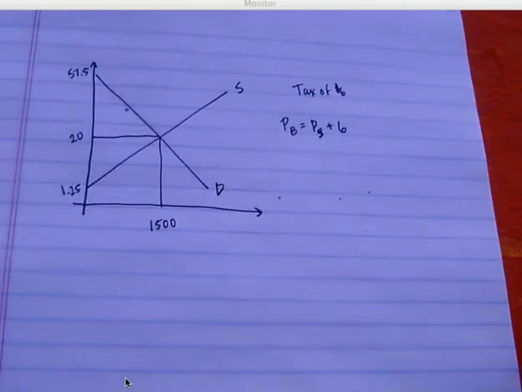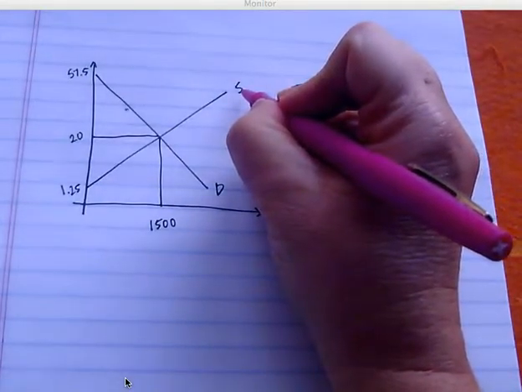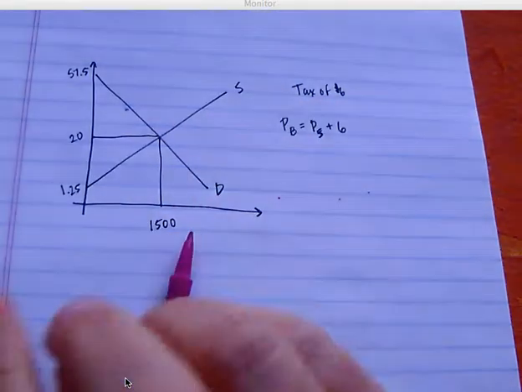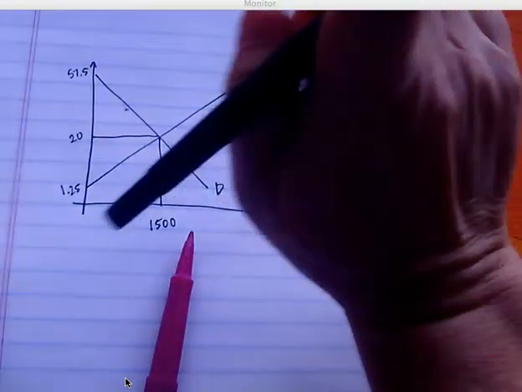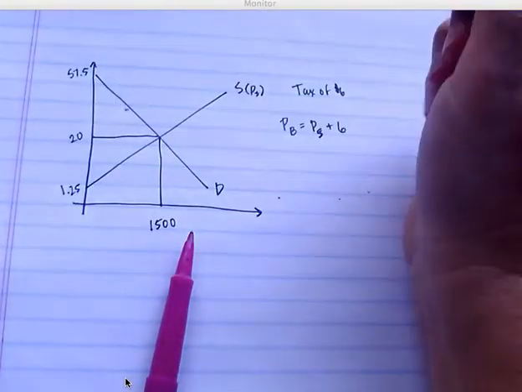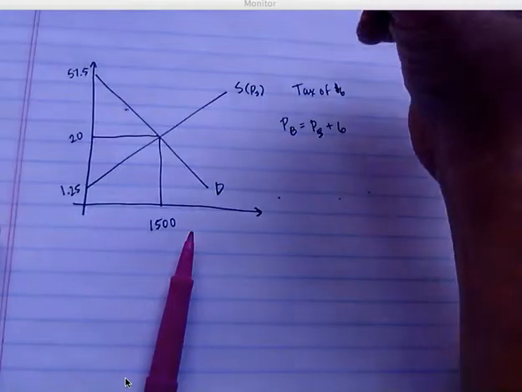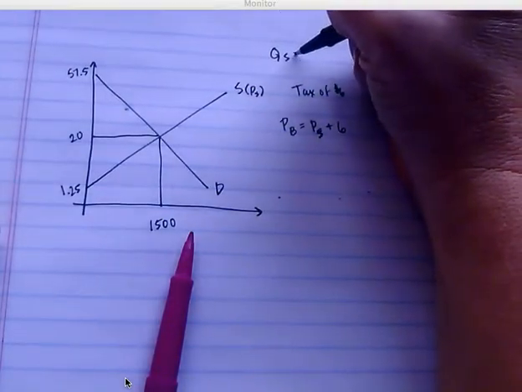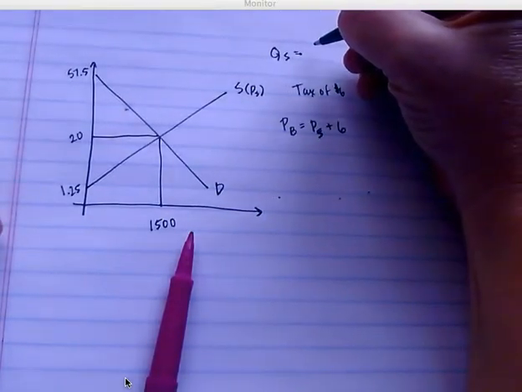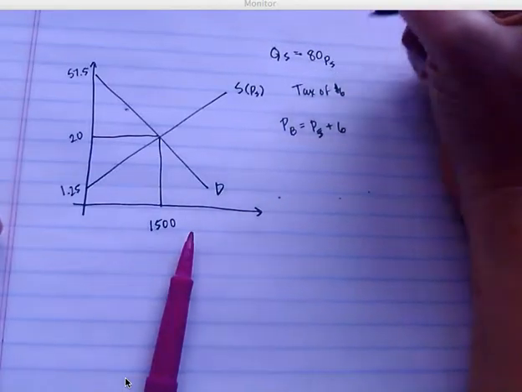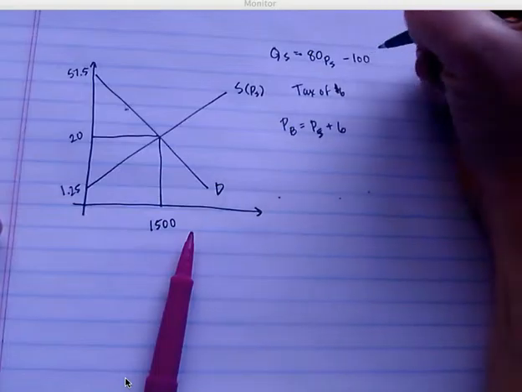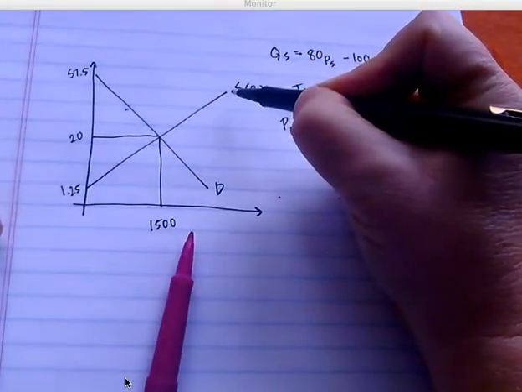And so what I want to do is think about this supply curve, but I want to translate it, because right now the supply curve is based on the price to the seller, right? So remember that the supply curve, because we've already looked at this, quantity supplied, is equal to 80 times the price the seller gets minus 100, right? So that's what this supply curve is.